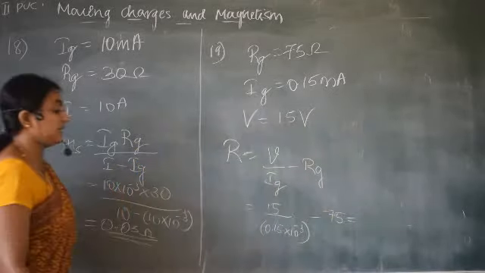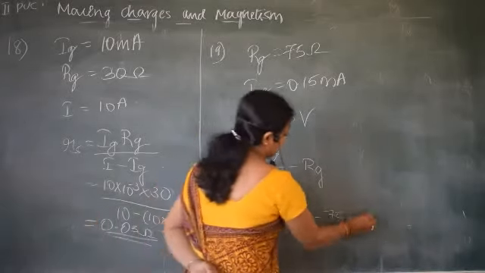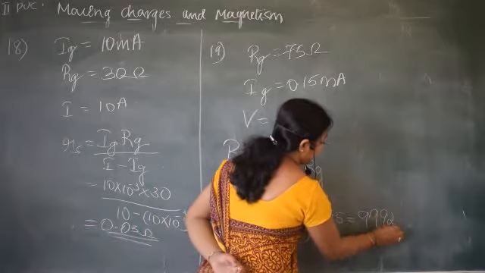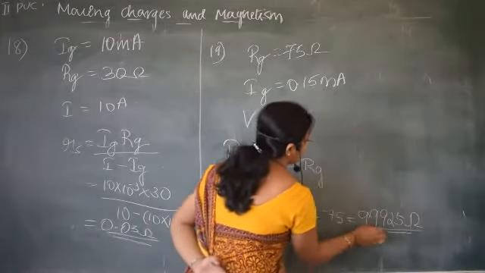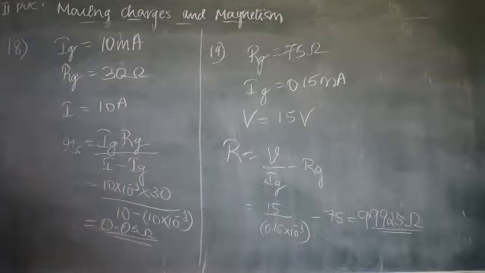Take your calculator. The answer we get is 99925 ohm, correct? Are you getting the same? Check. This is how we can convert a galvanometer into a voltmeter by connecting it in series with the galvanometer.